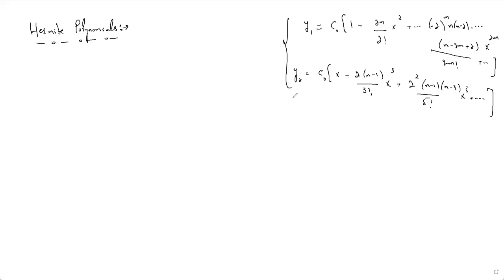Okay, now I will say that in the first case, if n is an even integer, it will take only even values, and c naught is equal to minus 1 raised to power n by 2, n factorial divided by n by 2 factorial.